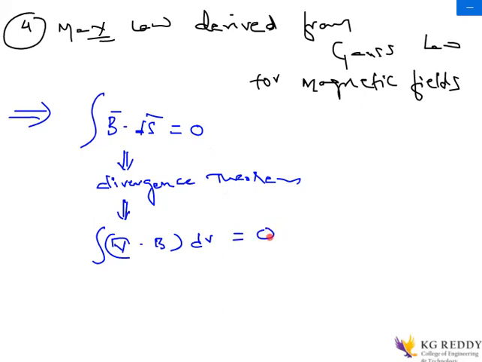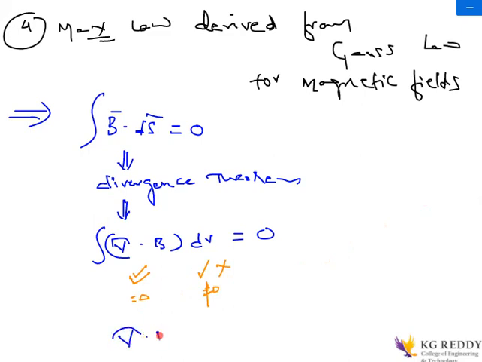If this equation is 0, either this part could be equal to 0 or the other part could be equal to 0. As we discussed in the static fields, the volume, the surface and the line should not be equal to 0, because we have a finite volume and a finite surface. It will have some specific value. So this one is not valid, only the other will be valid.